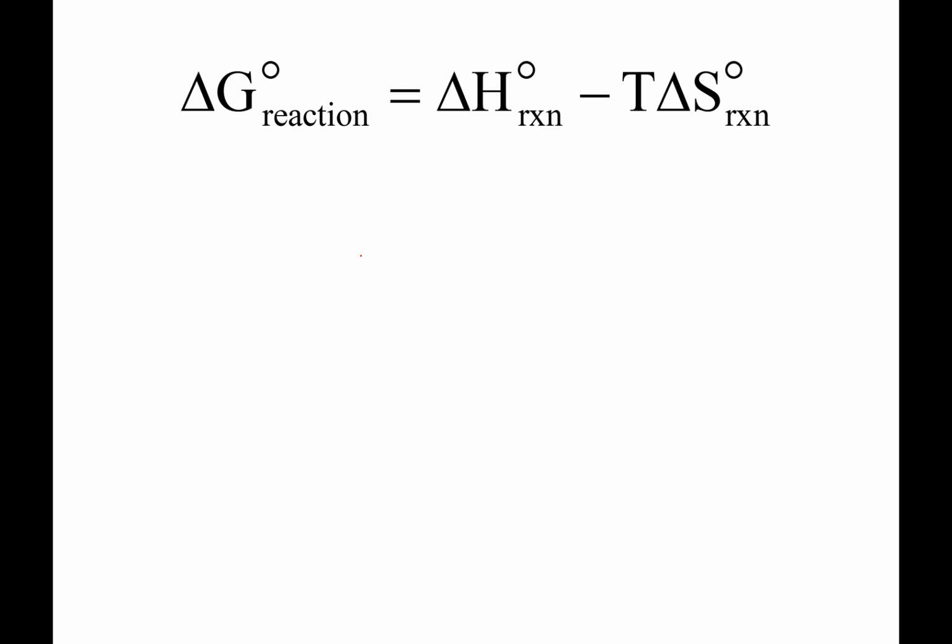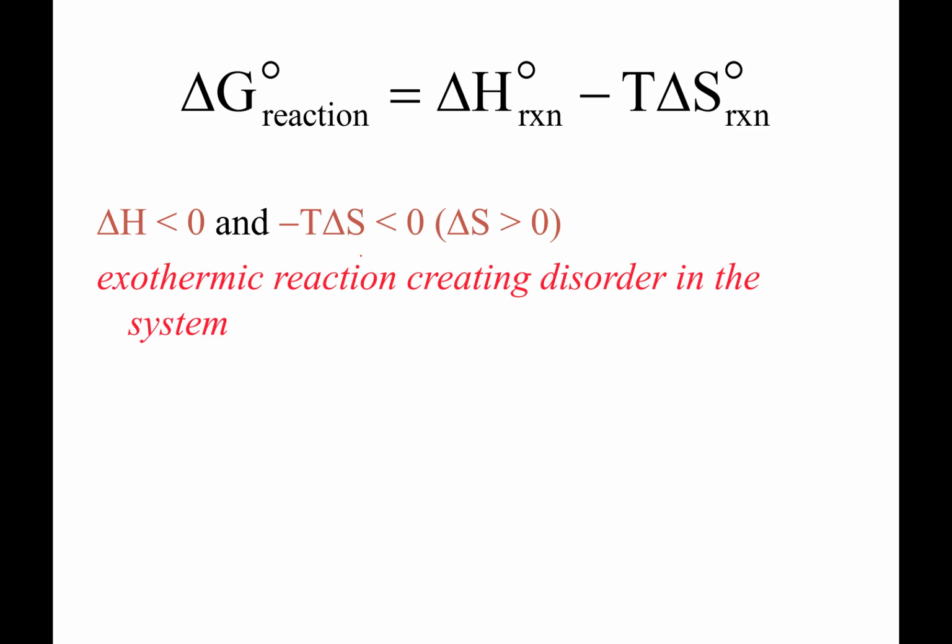So let's go back to this equation. Okay, so I've got 4 slides to talk you through the 4 different possibilities here. And again, if your idea is to test for spontaneity, that's what we're going to do. Does this make sense? If you are favoring spontaneity with regard to your delta H term, that means it's negative.